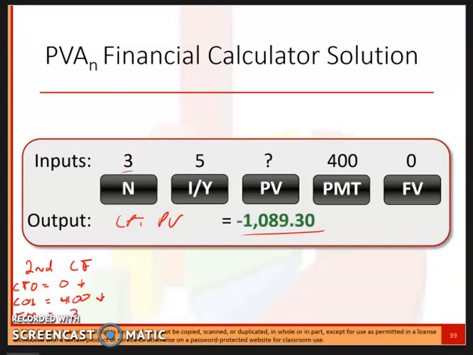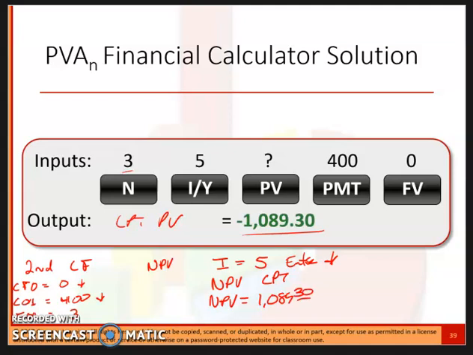So we hit 3 and enter, and then we hit NPV, and it's going to display I, and our I is 5, so it's 5 and enter, and then down arrow to NPV. It will show a 0, we hit compute, and NPV is going to give you $1,089.30.